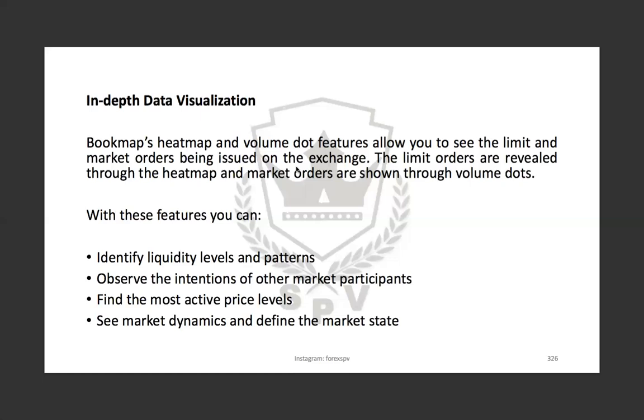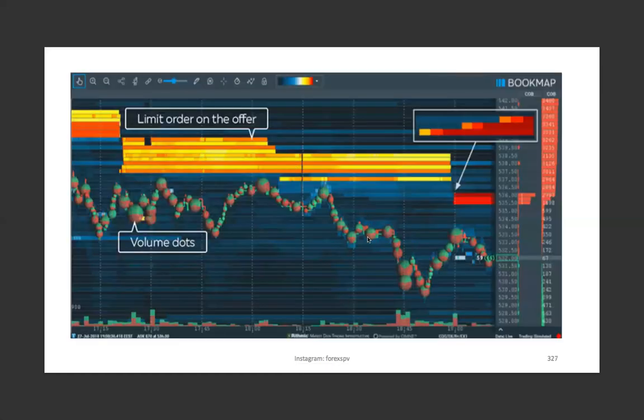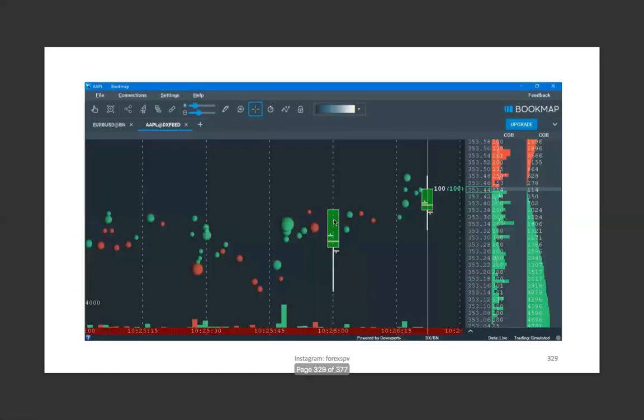You see green volume dots and then red. If it's a green volume dot, the orders are buys. So 100 buyers match with 100. And here you can see the number of orders going long and the number of orders going short.